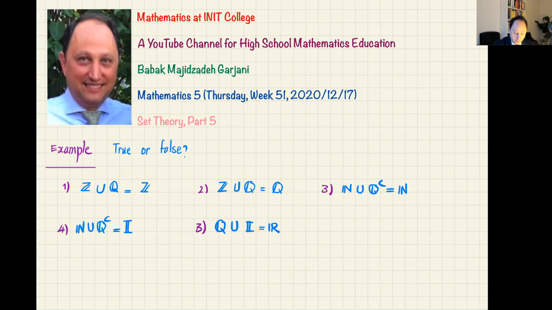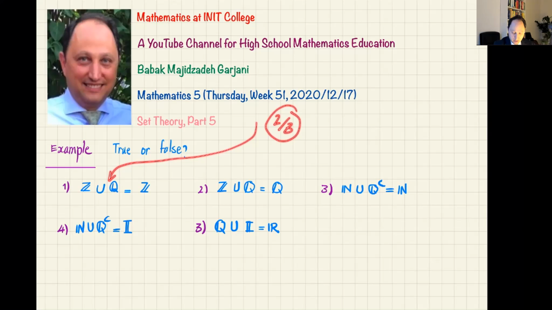Because for example, I am telling you that this union is going to be Z. If I ask you, do you think that 2 over 3 is in this union? Your answer is yes, even though 2 over 3 is not in Z, but 2 over 3 is in Q. If an element is one of these sets, then definitely it is also in the union.